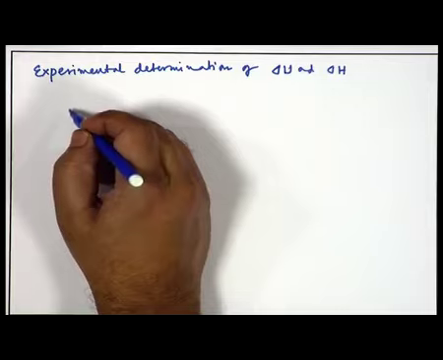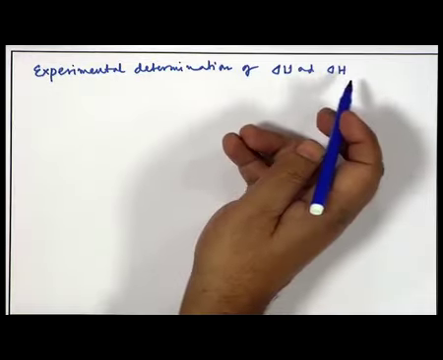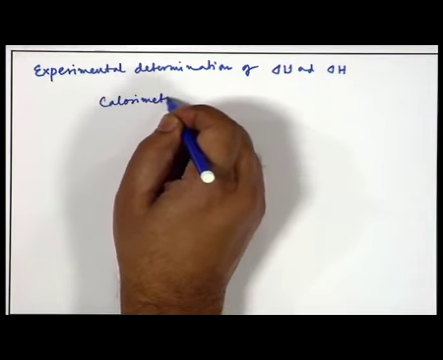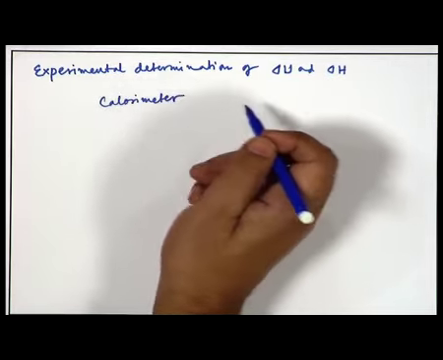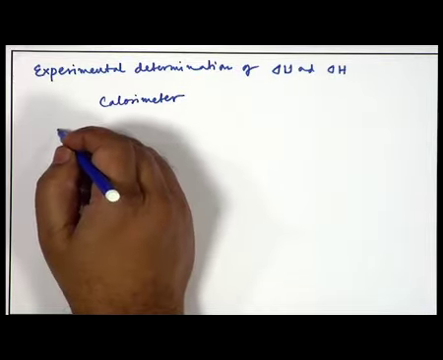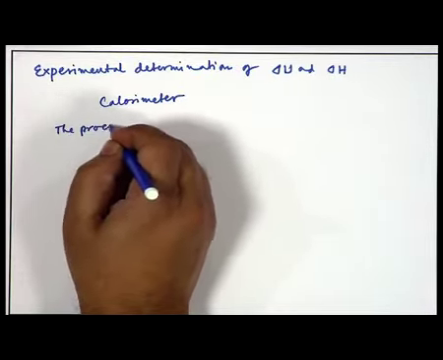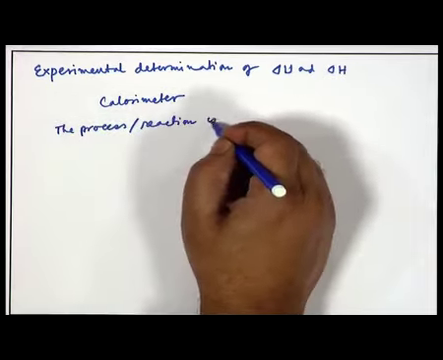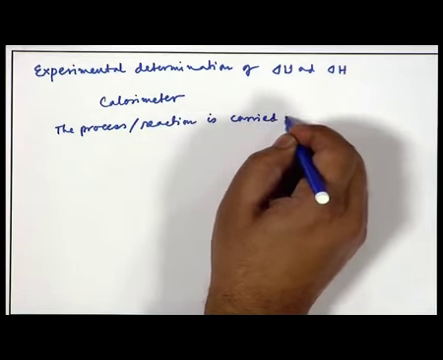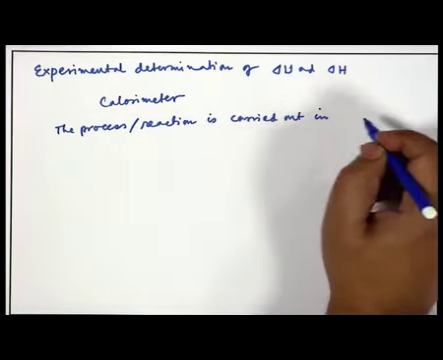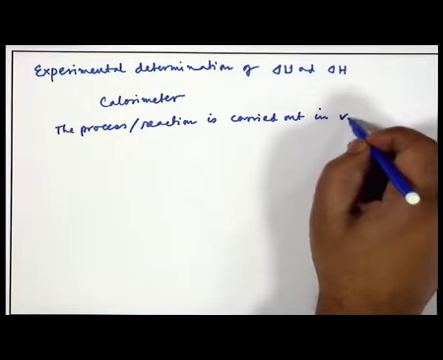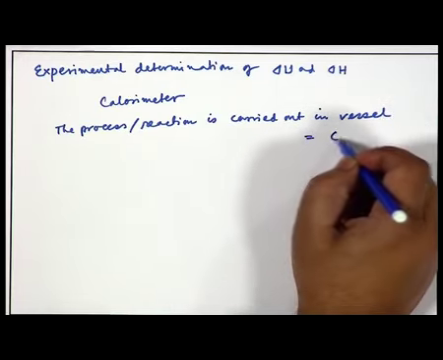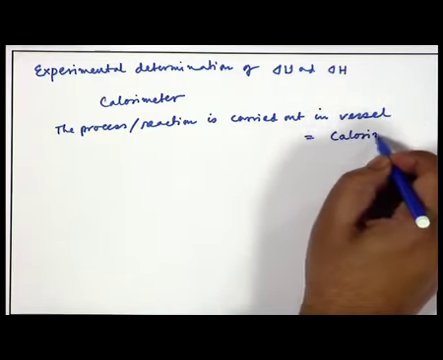Now, the instrument which is used to measure del U and del H in the lab is called a calorimeter, and the process or the reaction is carried out in a reaction vessel or the process vessel, whatever you call, which is called calorimeter.